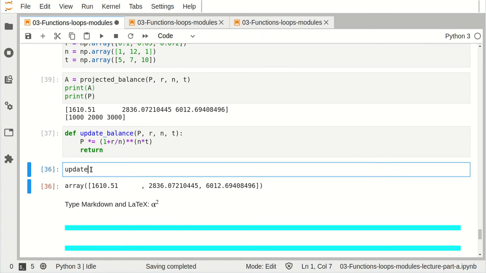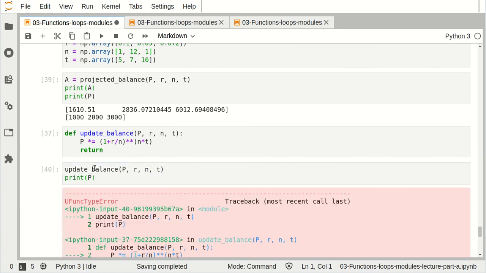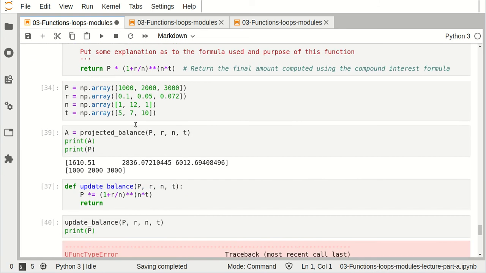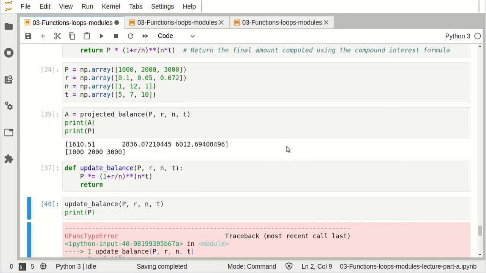Now let's look at update balance, P, R, N, T, and we can print P. Now initially I'm going to get an error. There's that ufunc type error that I was talking about, because look at our data type for P. You said 1,000, 2,000, 3,000. It's of data type int, and you're trying to turn it into a float, because look at the output of this.